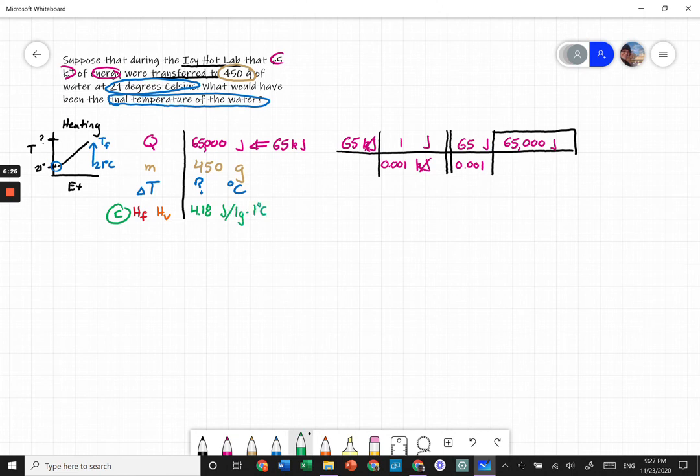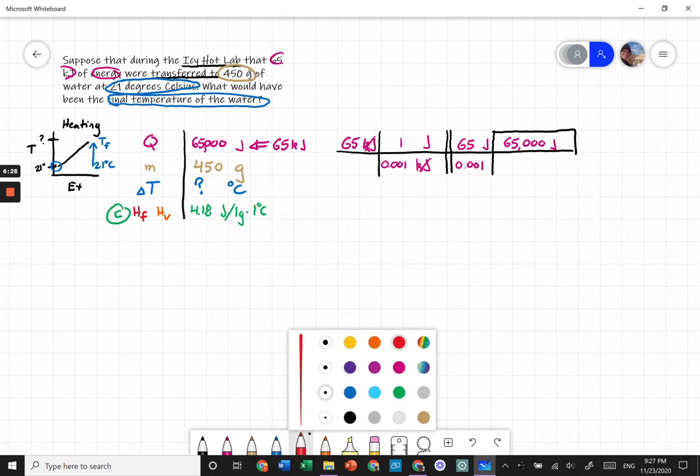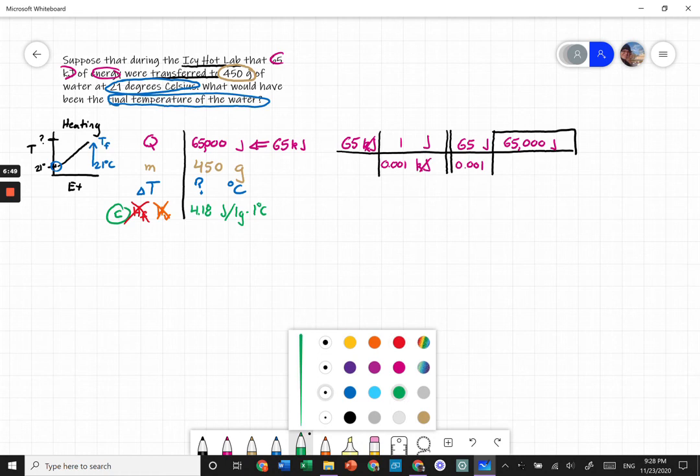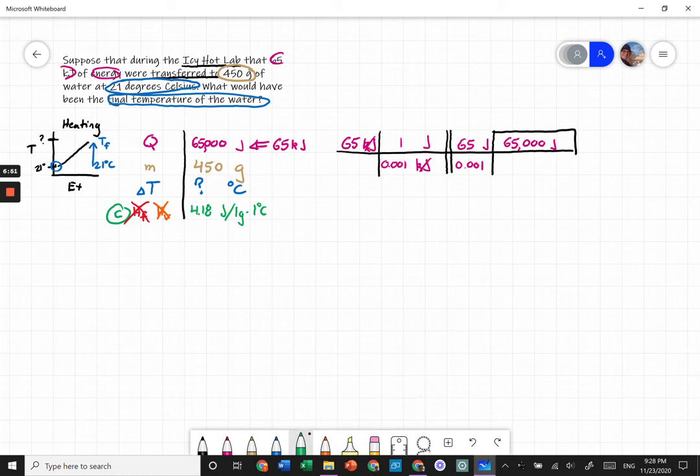Now we know it's not going to be our HF, heat of fusion, because we don't see the keywords melt or freeze, or something going from a solid to a liquid, liquid to a solid. So I'm just going to cross that off. And then for my heat of vaporization, we don't see the keywords evaporate, vaporize, boil, condense, or the phase change from liquid to gas, gas to liquid. So I'm going to cross that off too. It's just going to be our heat capacity, which is what we use when we see a temperature change.